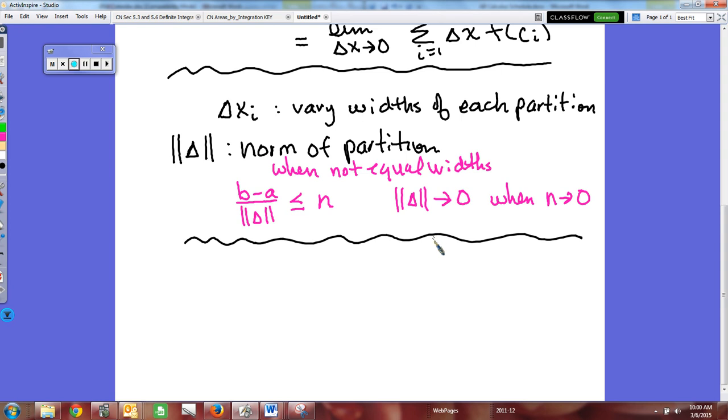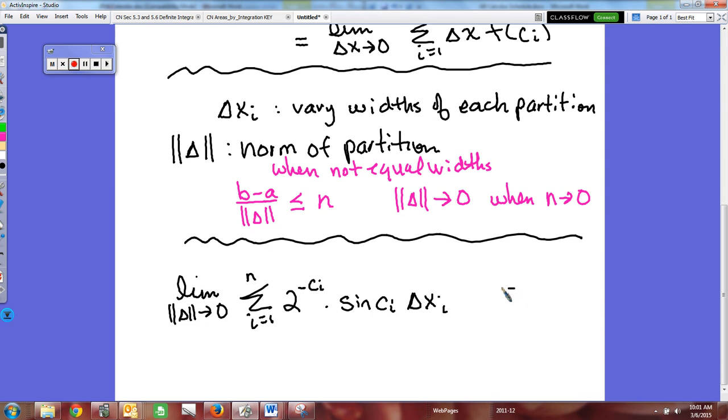What it will look like is you'll see something like the limit as this norm goes to 0, the sum i equals 1 to n, and then they'll have 2 to the negative ci times sine of ci times delta xi, and then they'll give you something like an interval 0 to pi. And they'll ask you to write this as a definite integral.